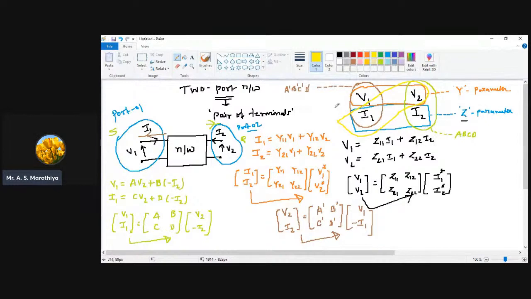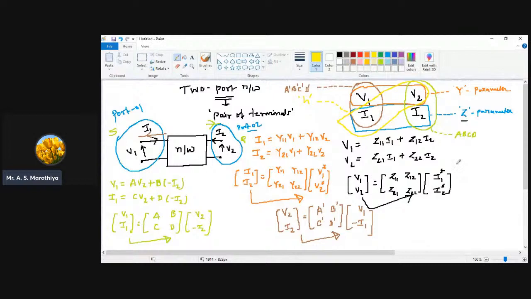Why are they called hybrid parameter, or H parameter? Because basically we are mixing. We have taken one parameter from port 1 and one parameter from port 2. So we are mixing or hybridizing. That's why it is called hybrid parameter. So in H parameter, I1 and V2 are independent, and we are trying to define V1 I2 in terms of I1 and V2.